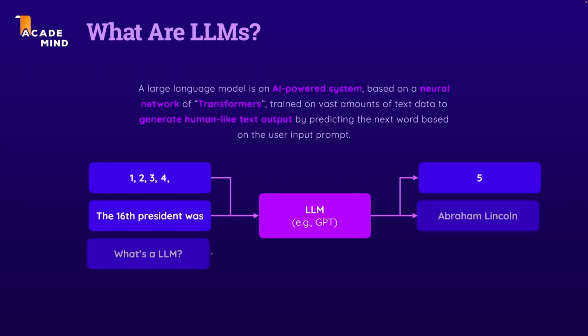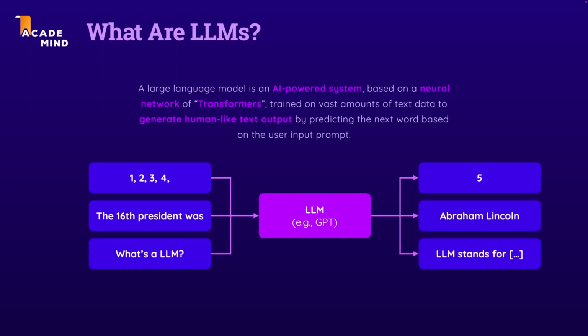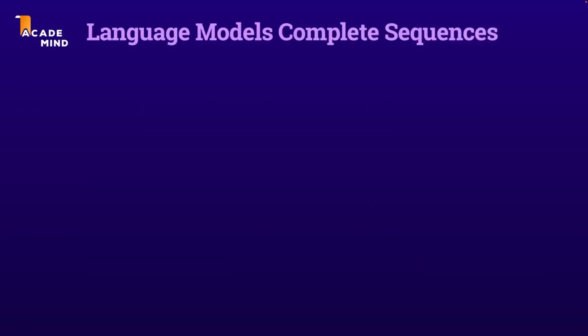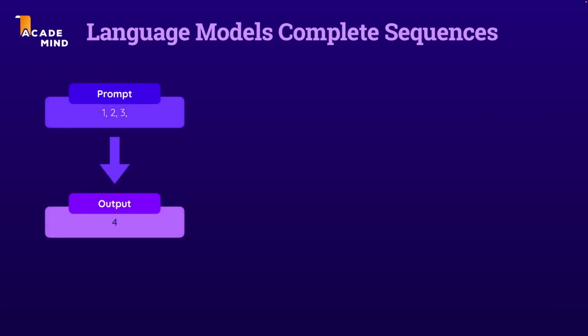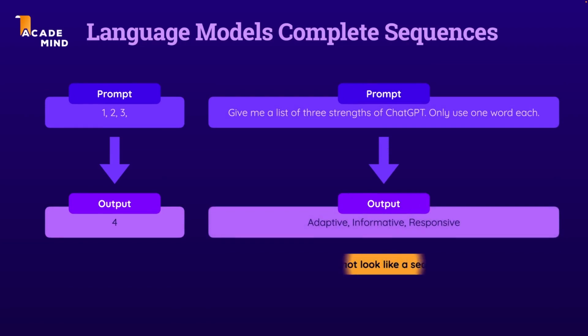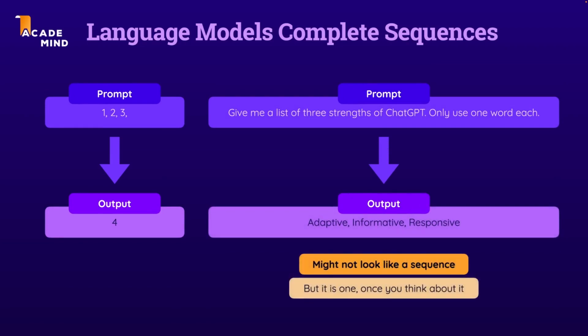And this could be a sequence of numbers, but it can be any kind of sequence, including a sequence where you maybe ask a question and the continuation of that sequence then is the response to that question. So therefore, large language model sequences are not just simple sequences, like a sequence of numbers, but instead can also be more complex sequences that might not look like sequences at first, but are also logical sequences if you think about them.